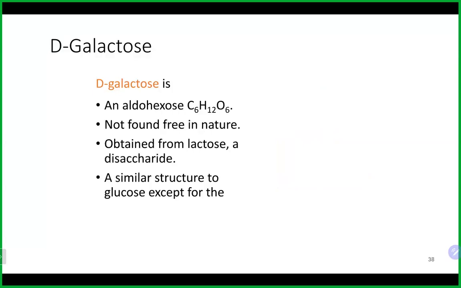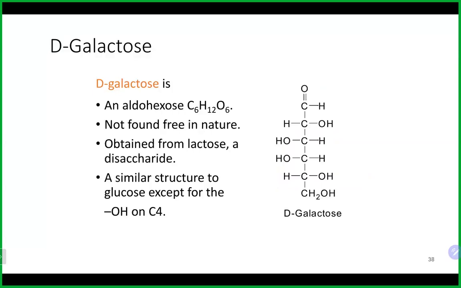Galactose is another one that you should be familiar with, maybe to recognize. Galactose is an aldohexose. It's not found free in nature. It's obtained from lactose, a disaccharide, when you break that apart. It's very similar to glucose, except at carbon number 4, where the OH is located.